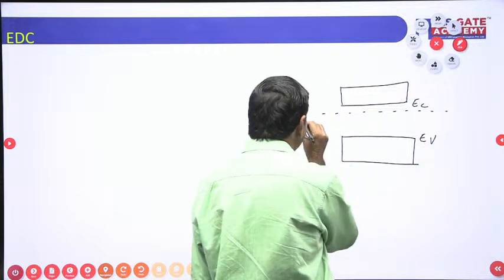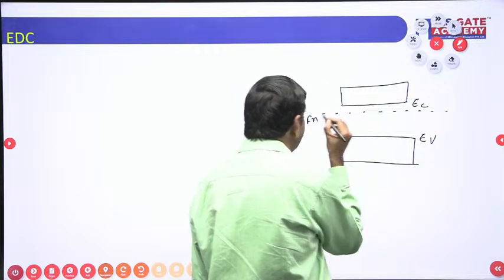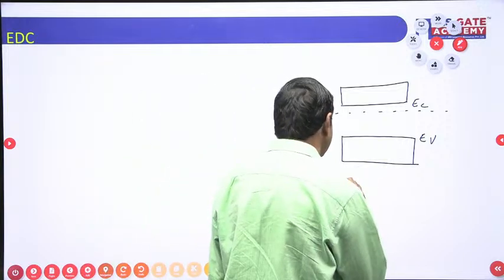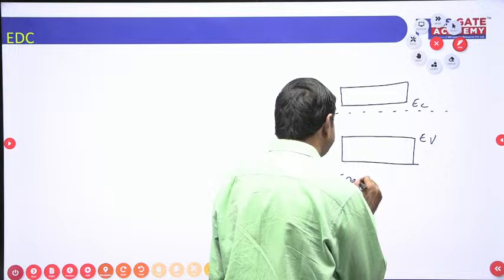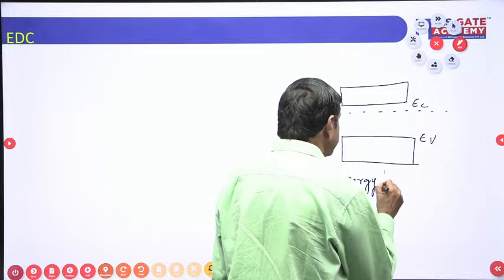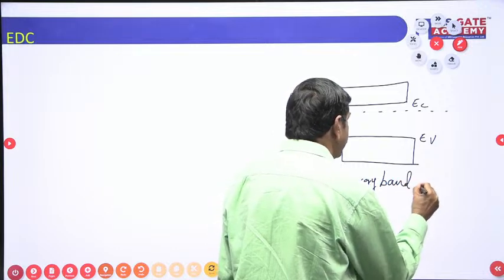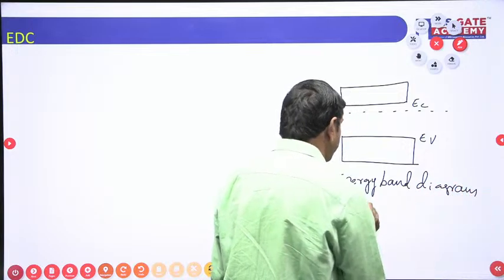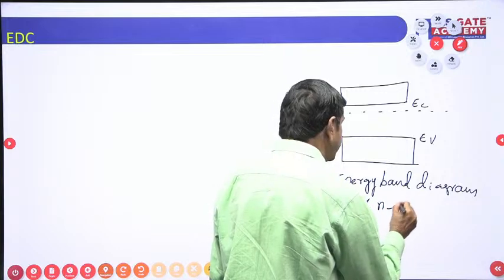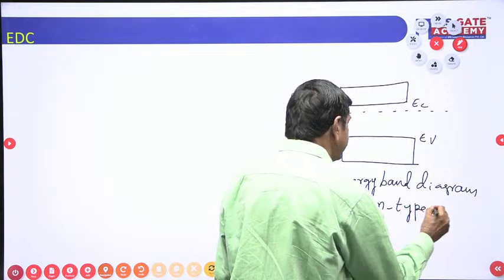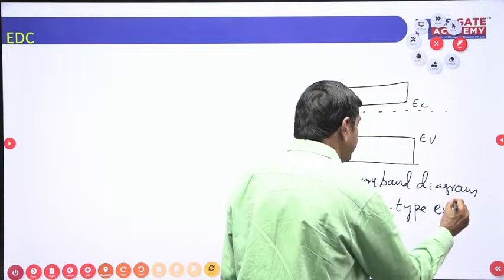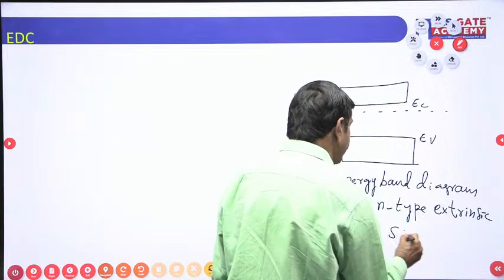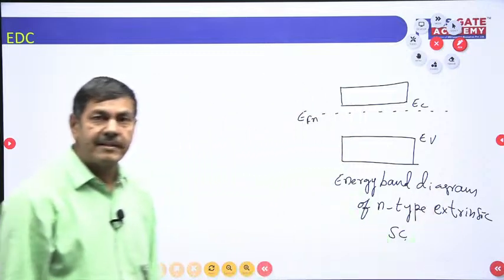This is EFN. This is the Fermi level energy. This is the energy band diagram of n-type extrinsic semiconductor. That way we can draw here now.